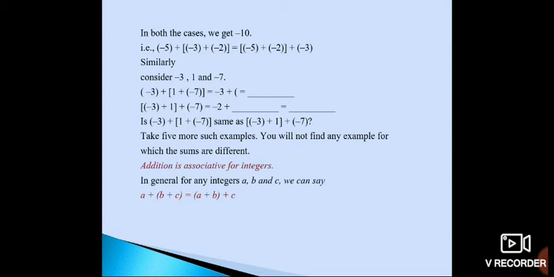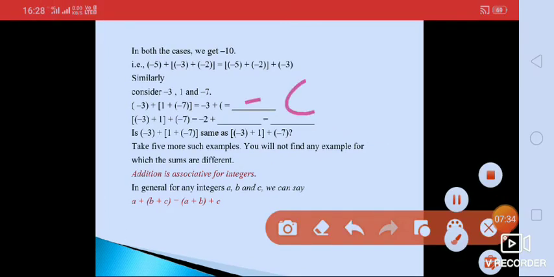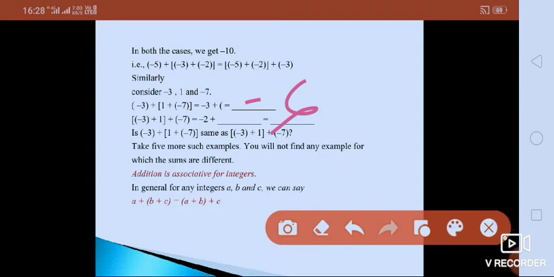So minus 3 plus minus 6 becomes minus 9. In the second case minus 3 and plus 1 are grouped together, which becomes minus 2, and then minus 2 plus minus 7. In both cases the answer is minus 9, so the sums are not different.